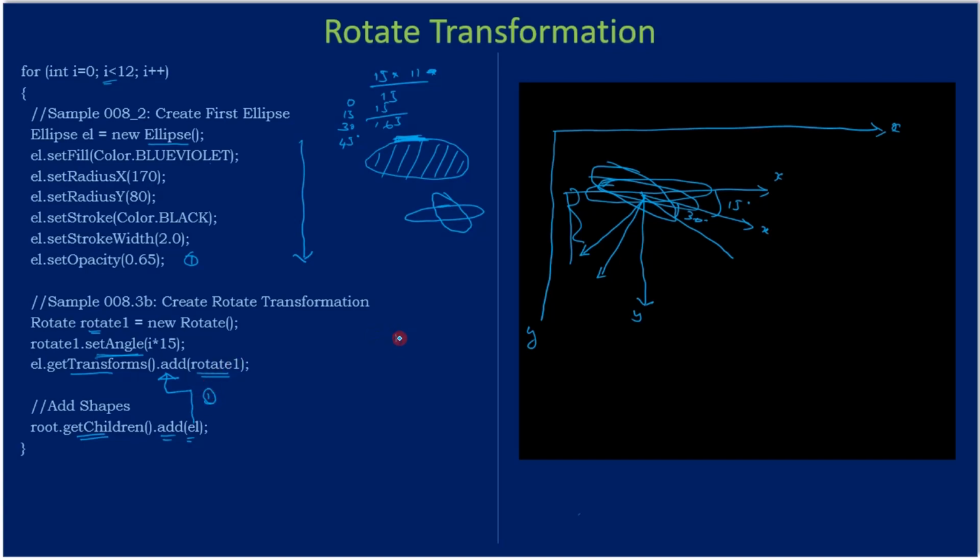Even though there are 12 ellipse objects, each ellipse object will have only one transformation, the rotate transformation, but we add all these ellipses to the scene graph root. So that's all. Finally, once JavaFX draws this, you will be seeing 12 ellipses rotated in the center.